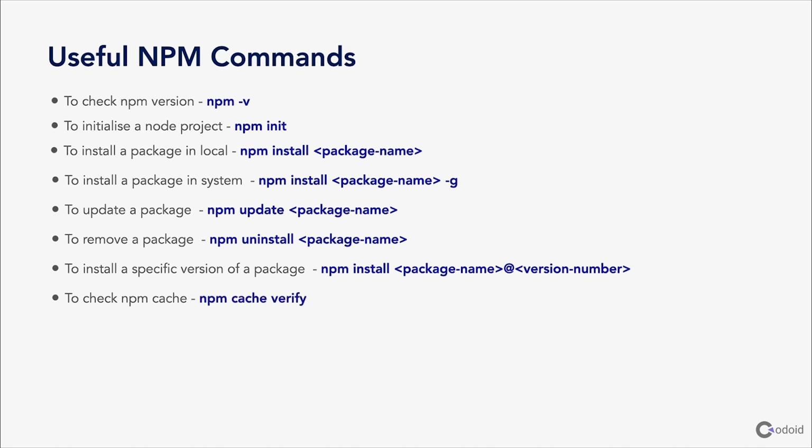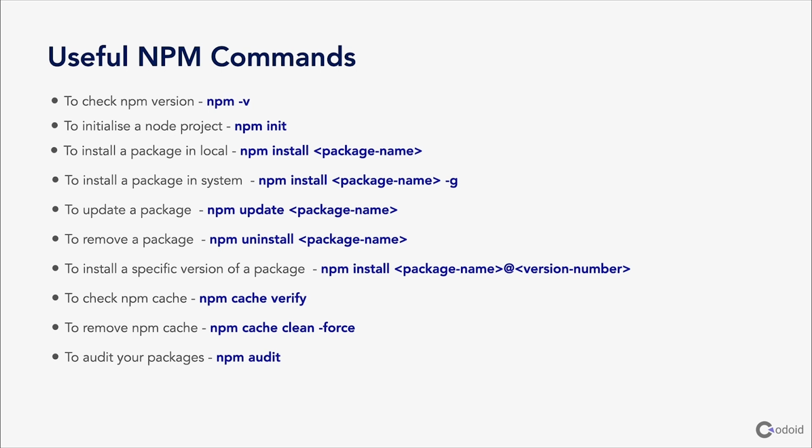If your npm packages are behaving weirdly, and you're not able to conclude what's wrong with your code or with the execution, try clearing the cache. To verify how much cache there is, you can use npm cache verify. After verifying, if you'd like to clean it, use npm cache clean --force.